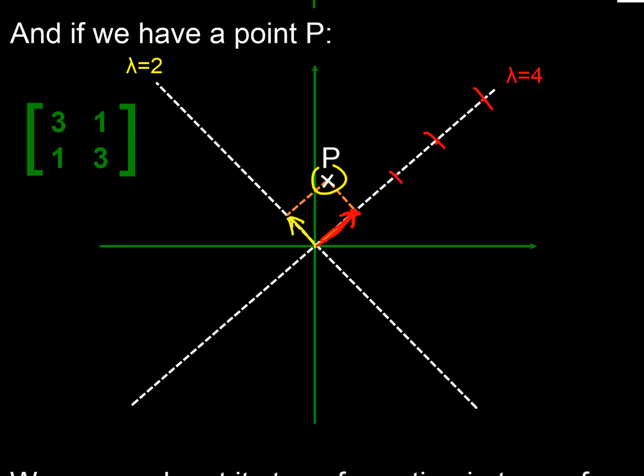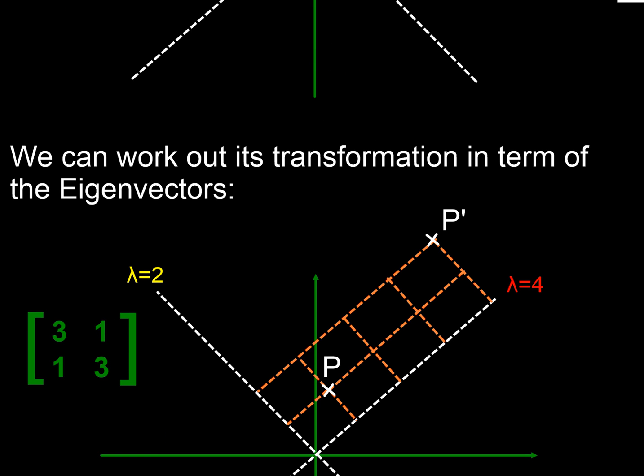And this component, the yellow 1 minus 1 eigenvector, has a scale factor of 2, so if this vector component of P was at that point there, I would just double it, so it would go out to here. And then we'd have to combine them. So we get our new position of the point P.